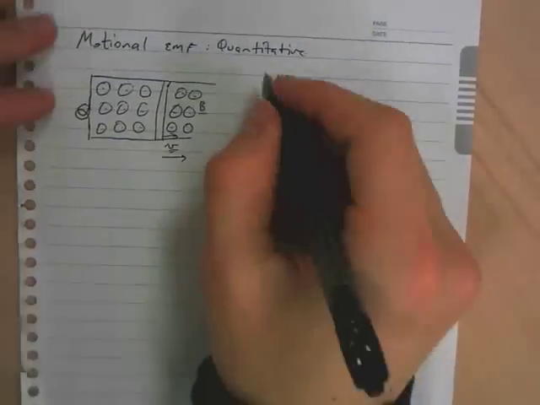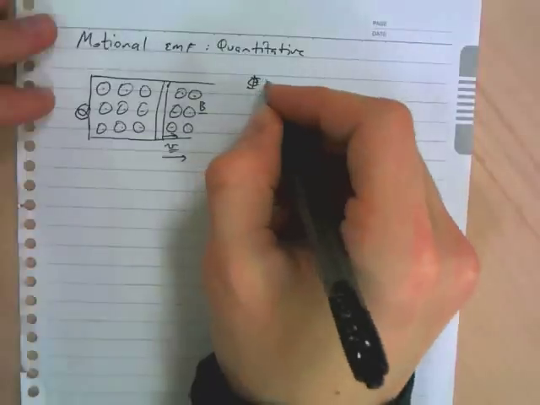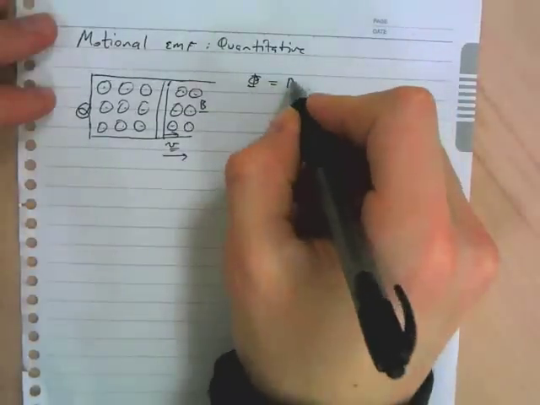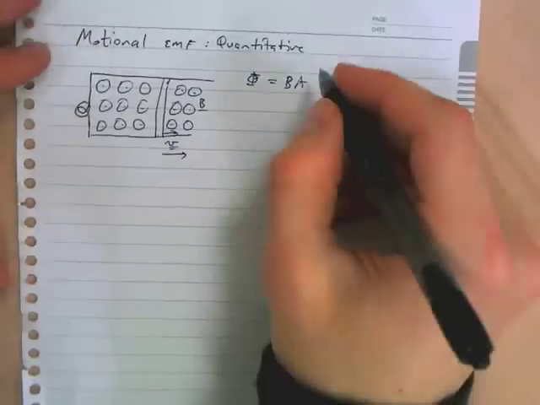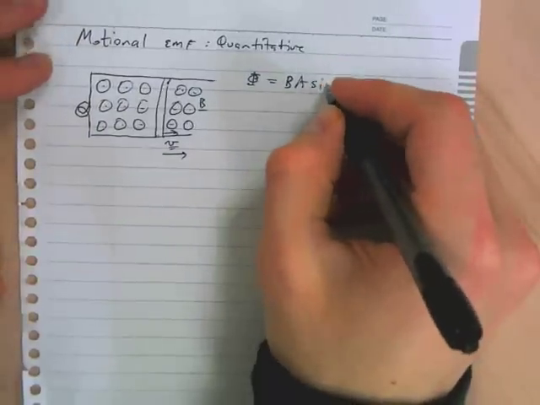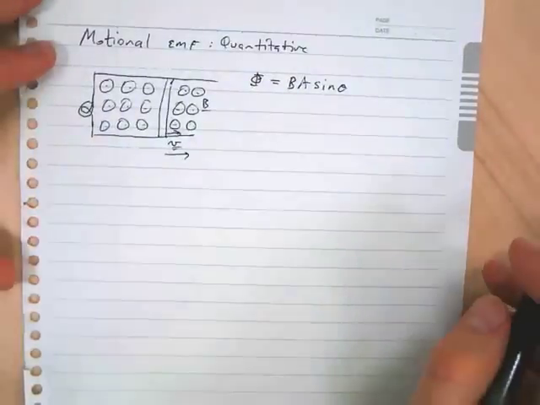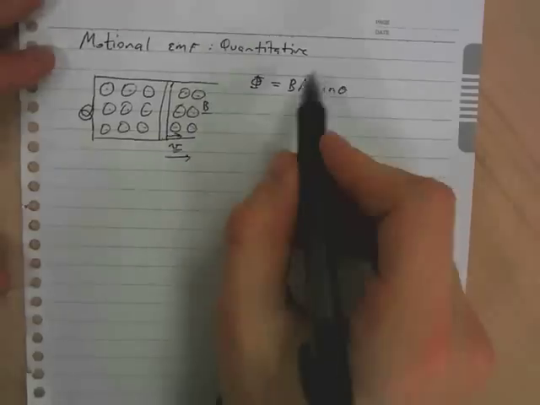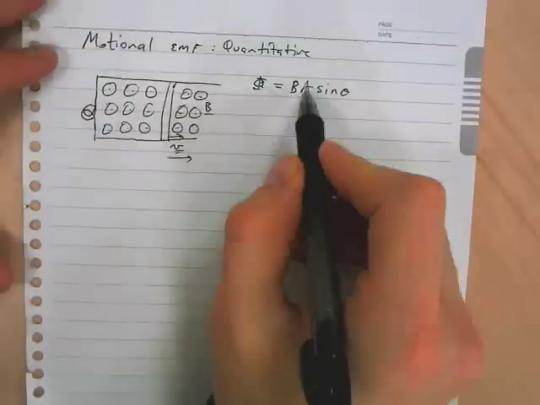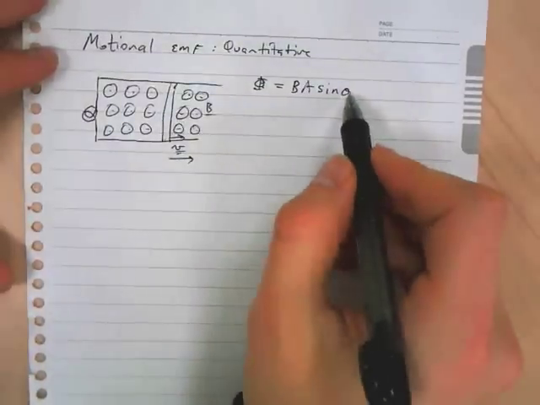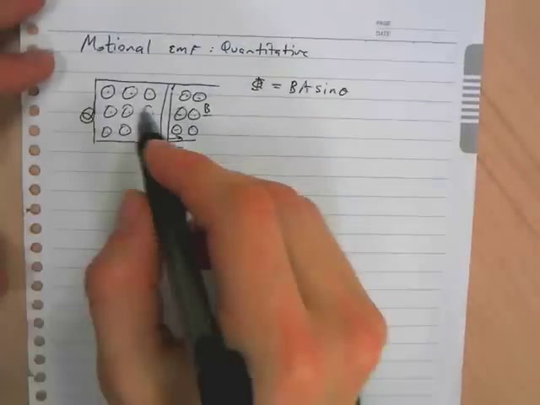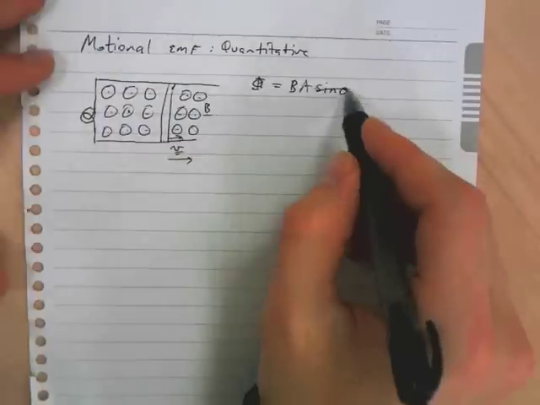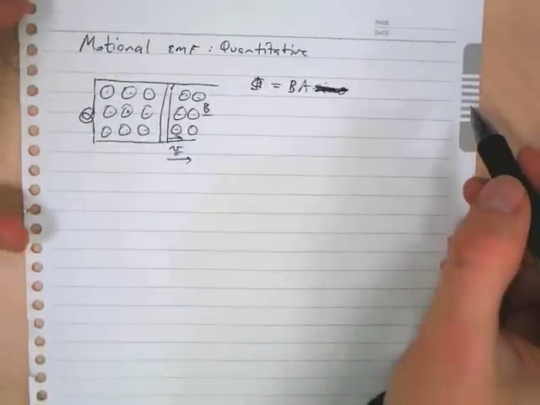Now we know that magnetic flux is equal to the B field times the area times sine theta. Unless it's cosine theta. Anyway, we know that the flux is at a maximum when the B field is perpendicular to the area, so we don't need to worry about whatever trig function goes there.